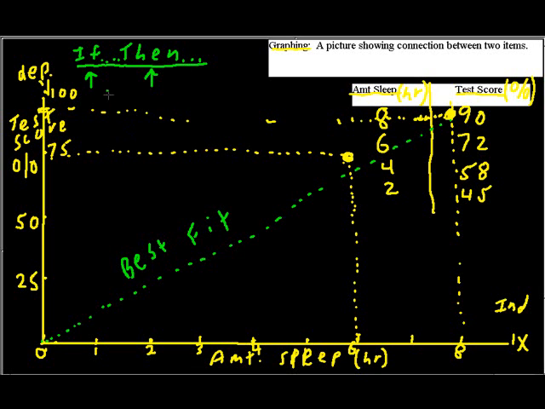The second thing that one is able to do besides the if-then is you are able to make a prediction. Now when you make a prediction, what happens is you choose a value for the independent variable, and it is a value that you did not measure.